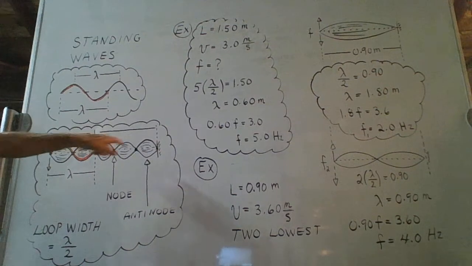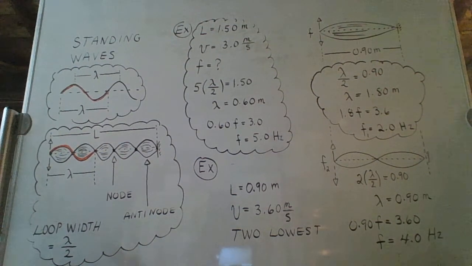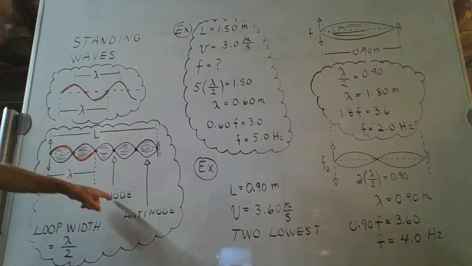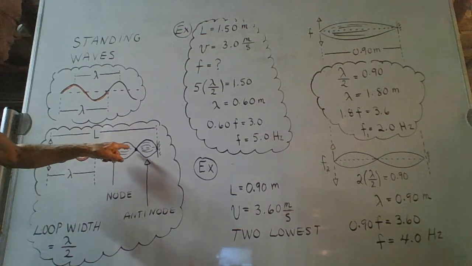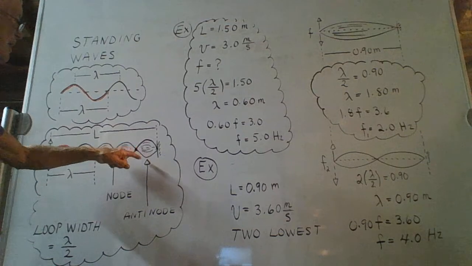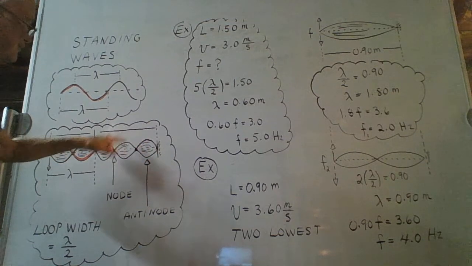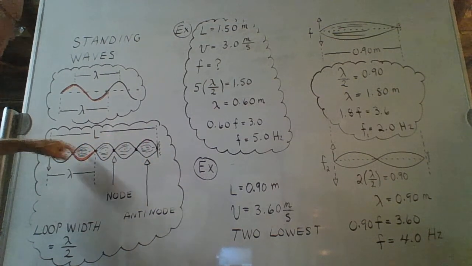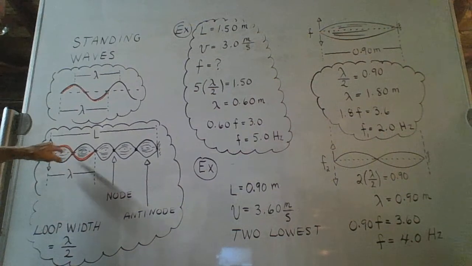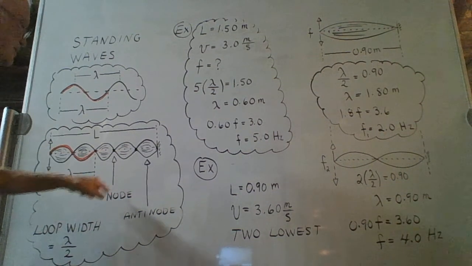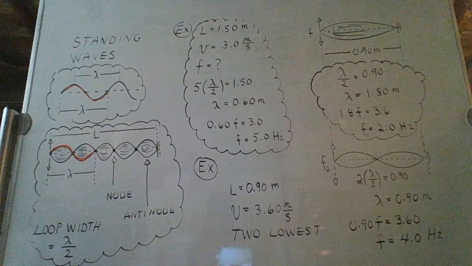There are some points of interest along this wave. There are places along this wave which are called nodes. Those are places where the string is not moving at all. Other places are oscillating ferociously, but there are places called nodes where there is no vibration.